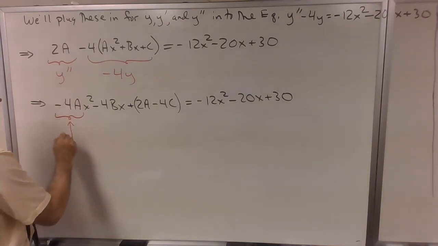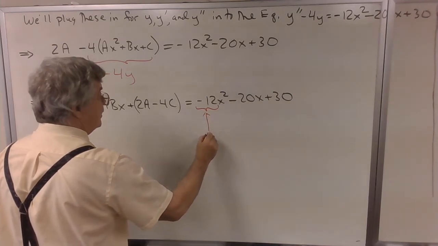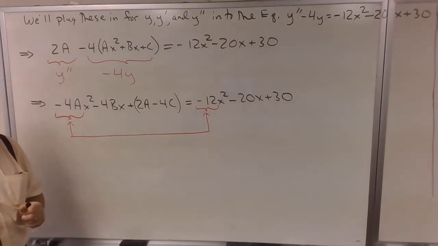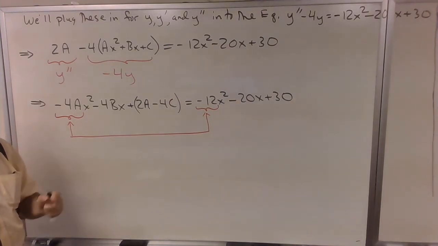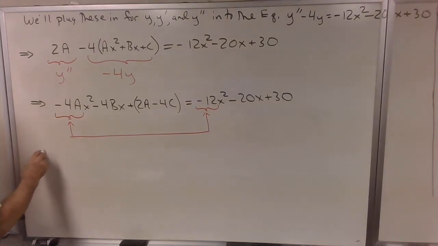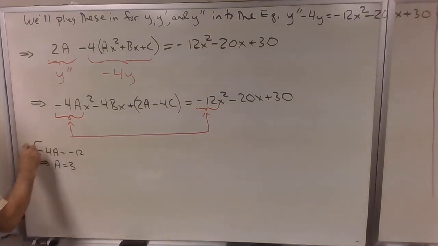And we compare coefficients. It is a fact that two polynomials are equal if and only if they have exactly the same coefficients for each term. So, negative 4a is equal to negative 12. So that means that a is equal to 3.